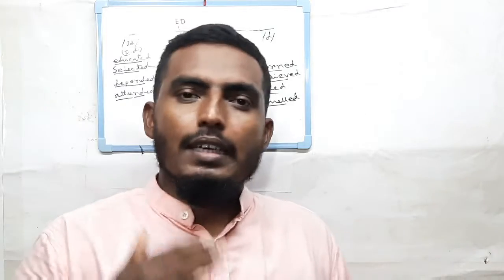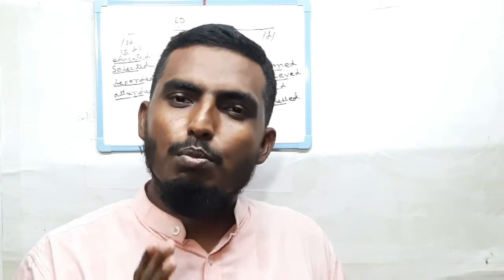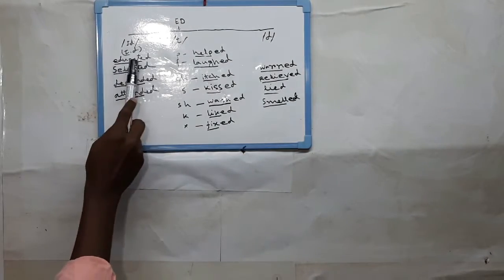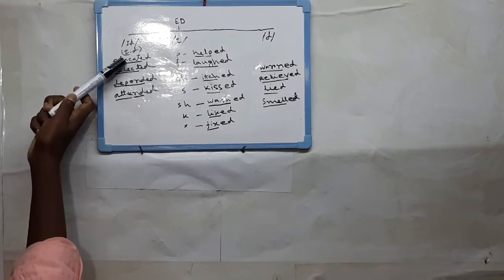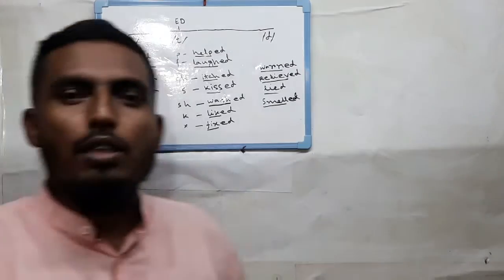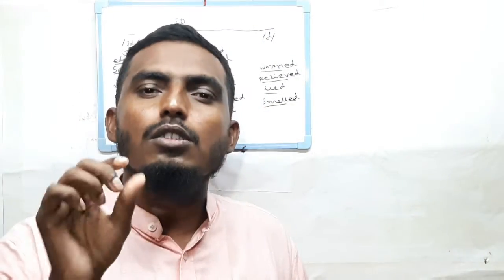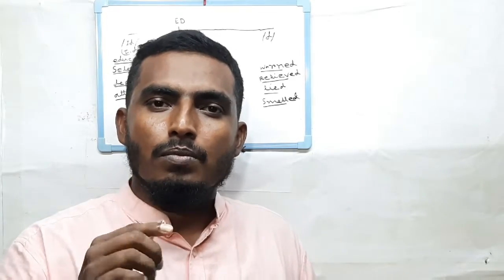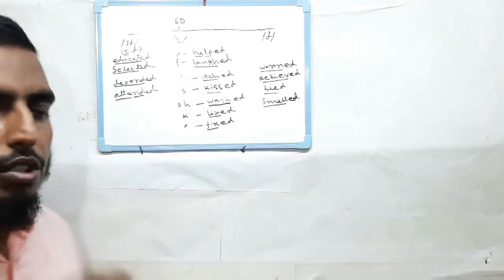When the root word ends in a ta or da sound, in this case we pronounce it like id. Notice here we have educate, I underlined it, this is our root word. Here we have a ta sound ending: educate, select, ta sound, and depend, da sound.